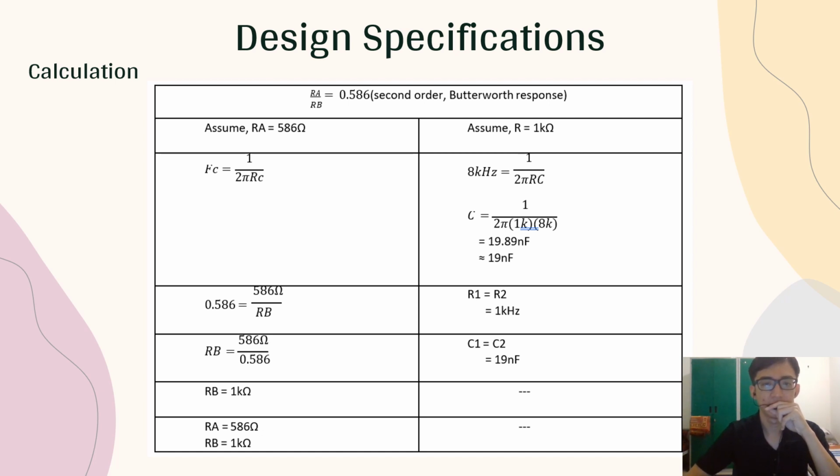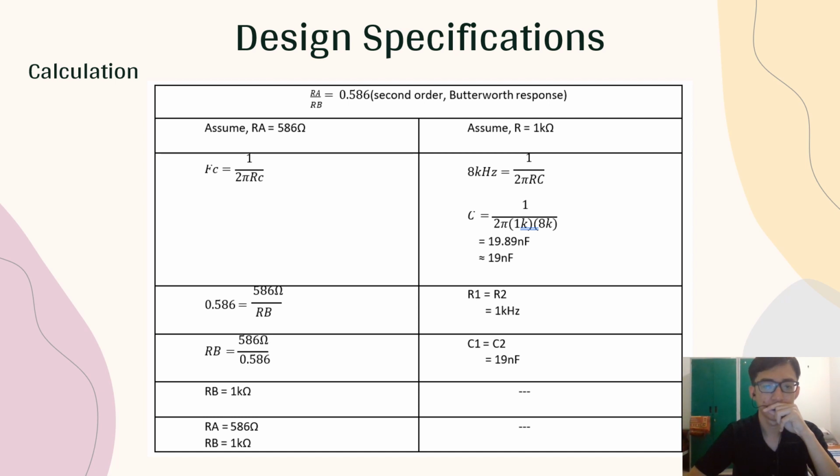This is the calculation, and Ra over Rb is 0.586 for the second order Butterworth response. Assume Ra is 586 ohm, and frequency Fc is 1 over 2 pi RC.